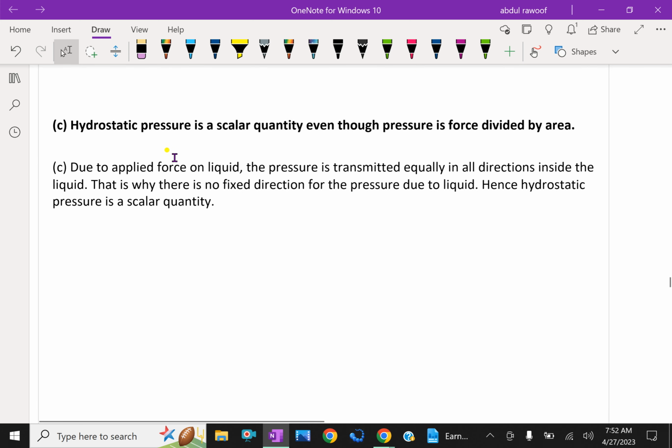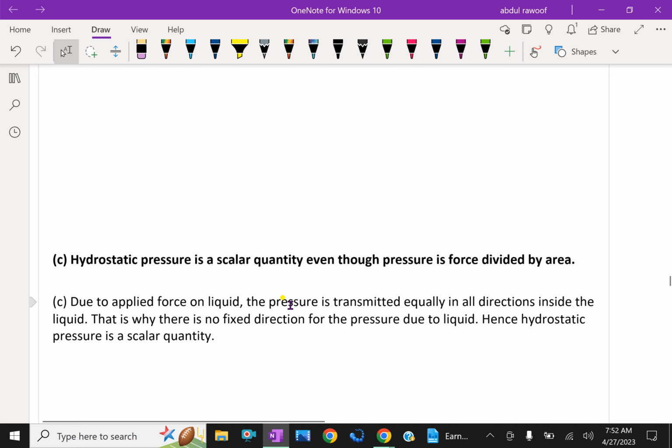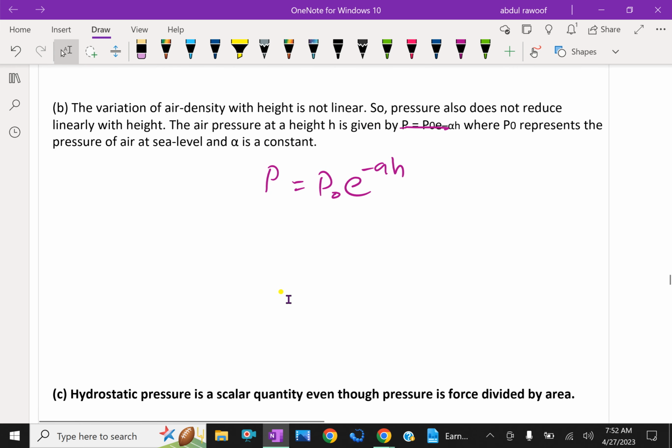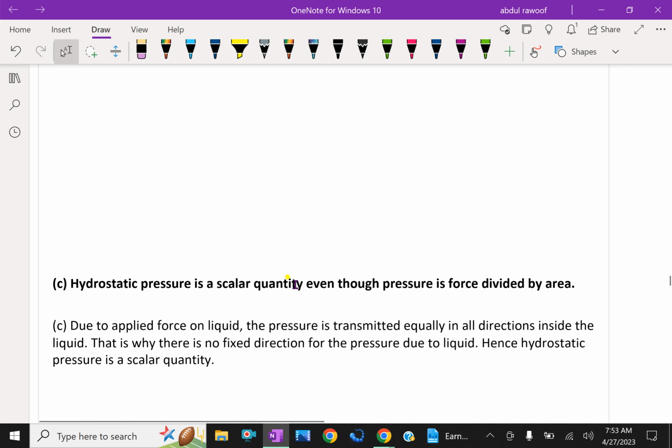Next, hydrostatic pressure is a scalar quantity even though pressure is force divided by area. Here the pressure formula is force divided by area, but it is a scalar quantity because pressure acts in every direction. When you are standing on a floor, the pressure distribution is in every direction.